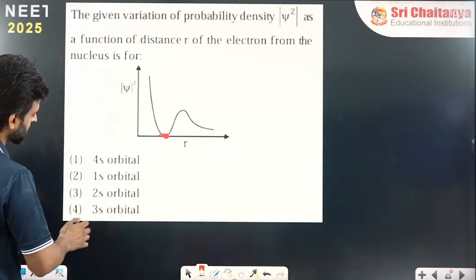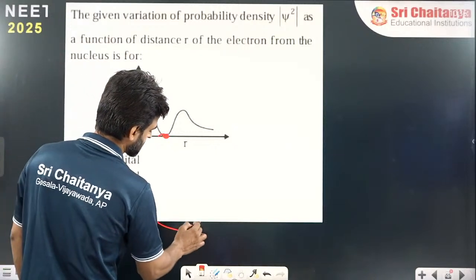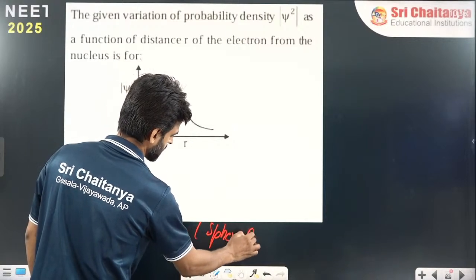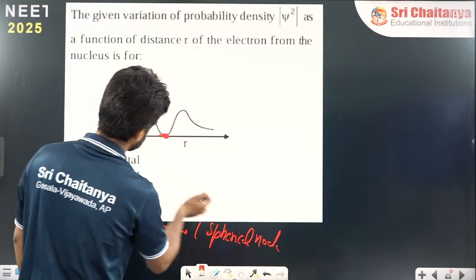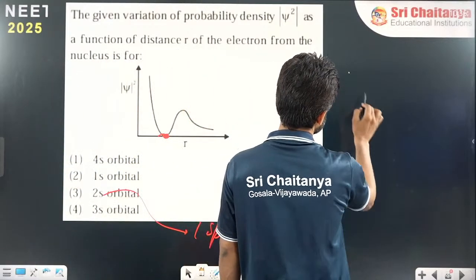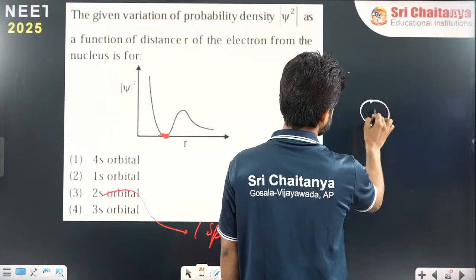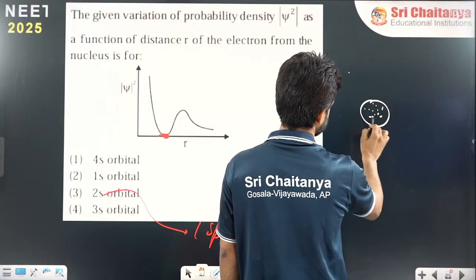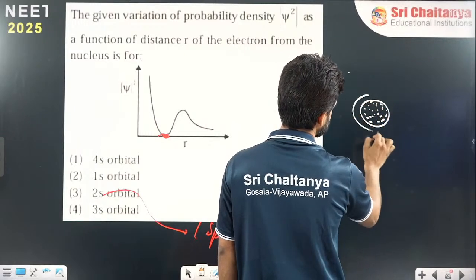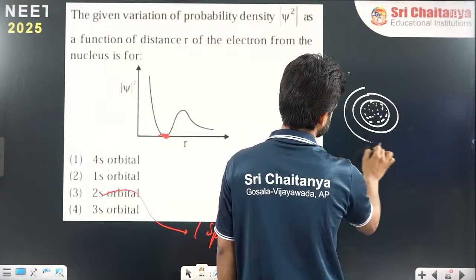Yes beta, 2s has one spherical node. That's why you can find this graph easily. If you see, this is 1s without a spherical node. In 2s we have a node, and then again electrons come.